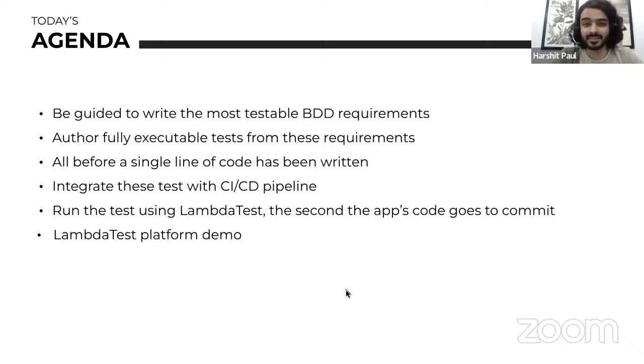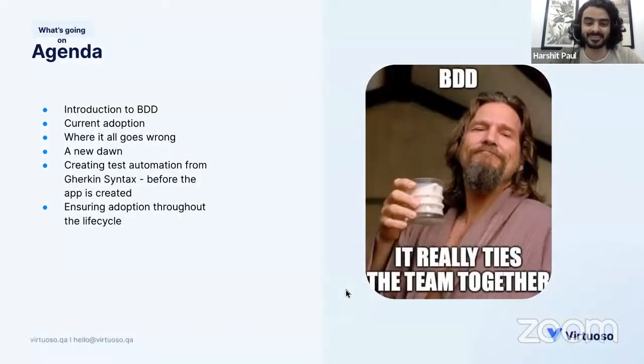We will see how you can integrate them with your CI/CD pipelines to implement continuous testing, and how you can run the tests using LambdaTest the moment you commit code. And I will take over for a LambdaTest platform demo where I'll cover the platform in some detail. All right, James, all yours.